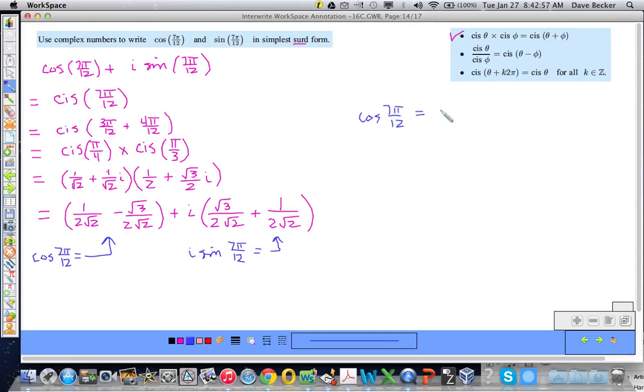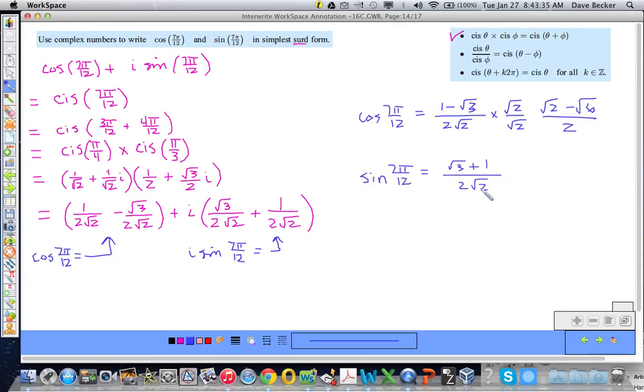Yes, it is going to be equal to 1 minus root 3 over 2 root 2. Say yes. And if I rationalize the denominator to get it in simplest form, I'm going to multiply by root 2 over root 2. And that becomes root 2 minus root 6 over 2. Booyah! And then sine 7 pi over 12 must be equal to root 3 plus 1 over 2 root 2.